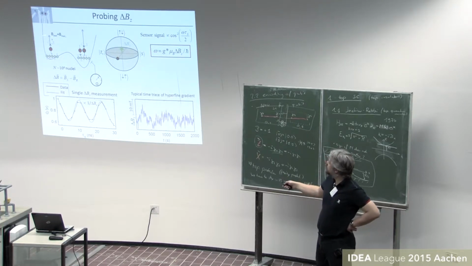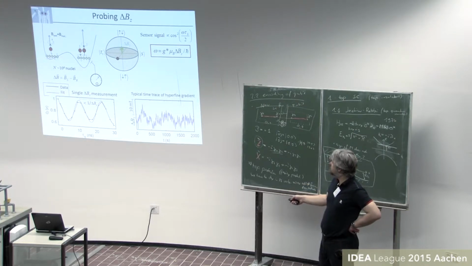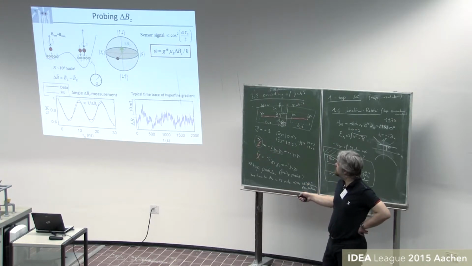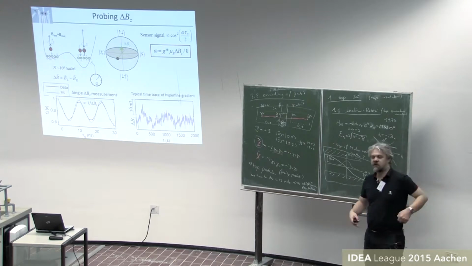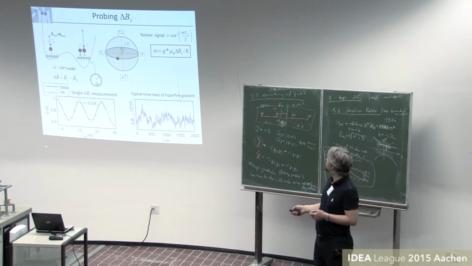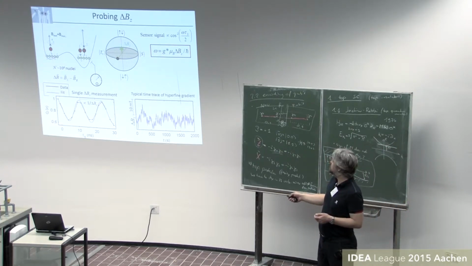So if you average the charge sensor signal over many runs, you get the probability of either being in a singlet or triplet state. This probability oscillates as a function of the evolution time, so how long you've let this thing precess. And the frequency of this oscillation can be fitted on the fly while the experiment is running. It just gives you the current value of the hyperfine field.